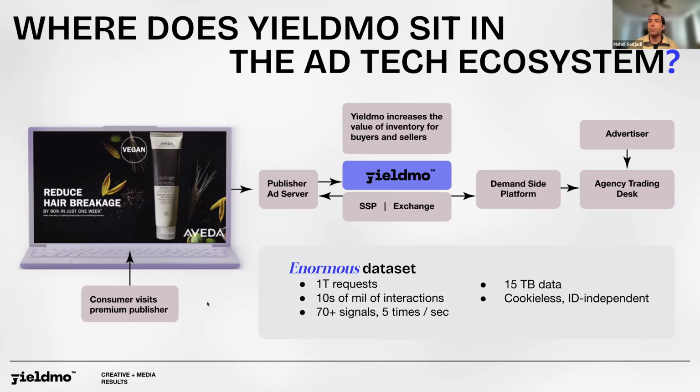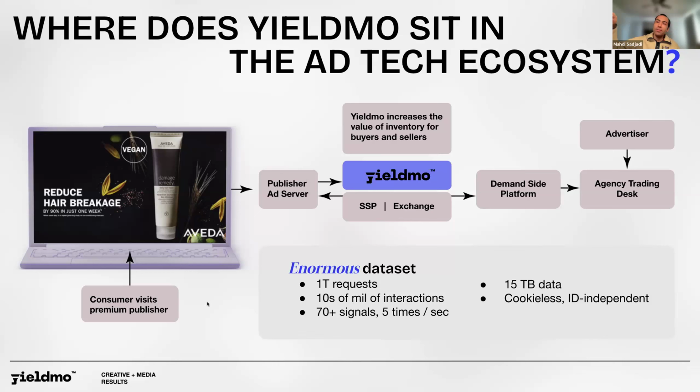When you go to a URL, whether you click on a link or type a URL in your browser, the publisher, in this case the website, sends a request to supply-side platforms, which Yieldmo is one of. We grab that information, process it, and consider: is it a good request, is it a bad request, and we could discuss what good and bad means in this context.